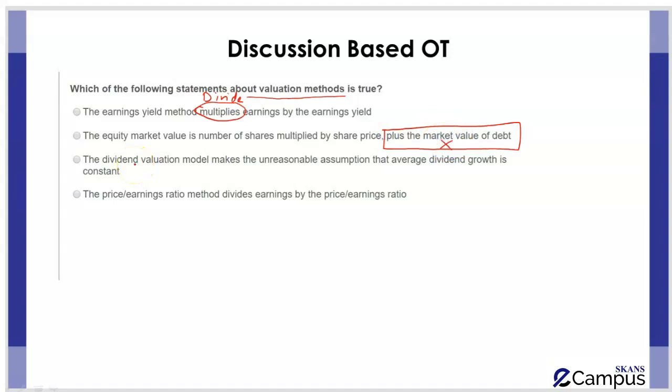The third statement is that the dividend valuation method makes the unreasonable assumption that the average growth rate is consistent. This statement seems to be true, but you still need to read the fourth statement as well, because it may be the best among the options. The fourth statement says the price earnings ratio method divides the earnings by the price earnings ratio. This is false because you should multiply it.